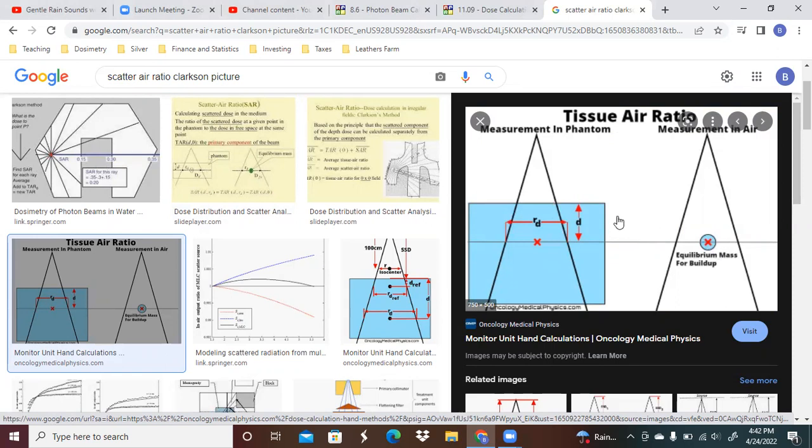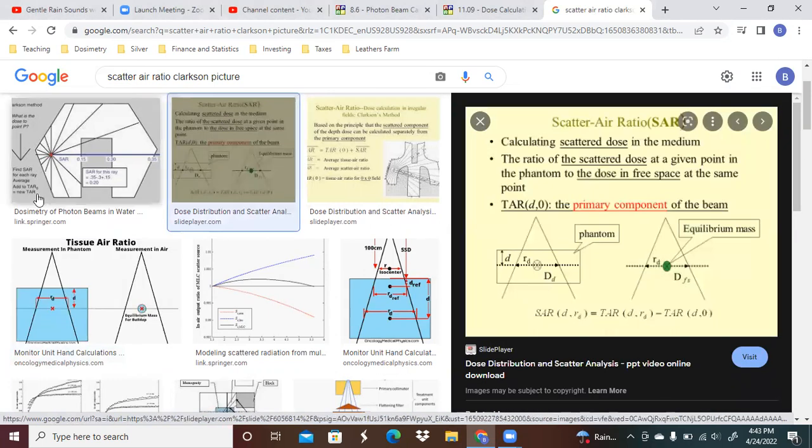And this concept is going to carry over. The idea behind the scatter error ratio is that we can separate the amount of dose that is delivered via the primary beam from that which is scattered. And so that's where rather than the TAR, the SAR, or the scatter error ratio, comes from.